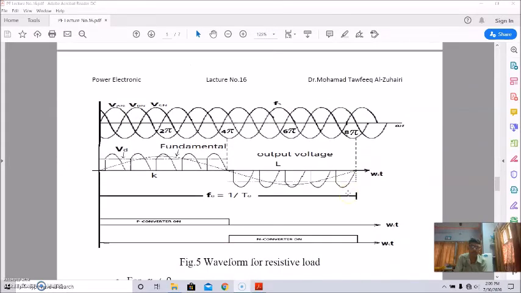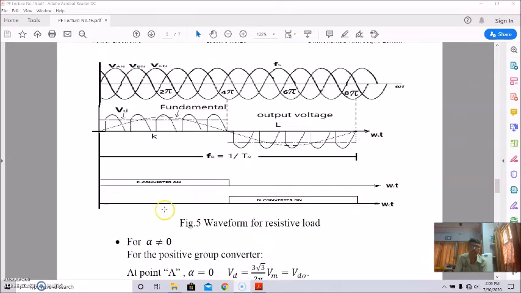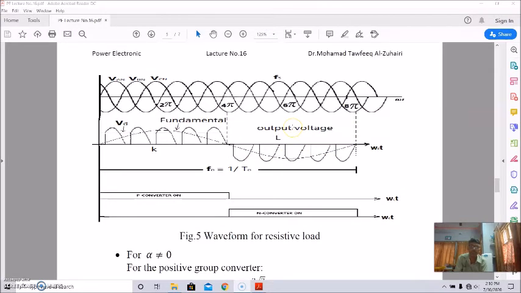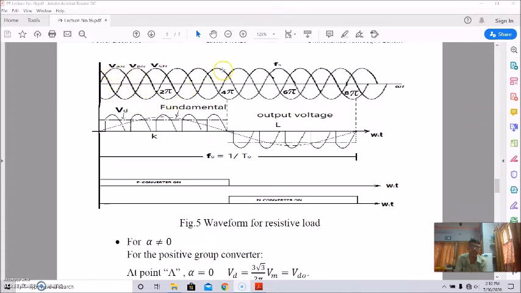This is the positive group bridge converter voltage, and this is the negative group output voltage. This is the supply voltage, phase A, phase B, phase C, and this is the supply frequency. This is the output voltage of the positive converter, and this is the output voltage profile of the negative bridge converter.